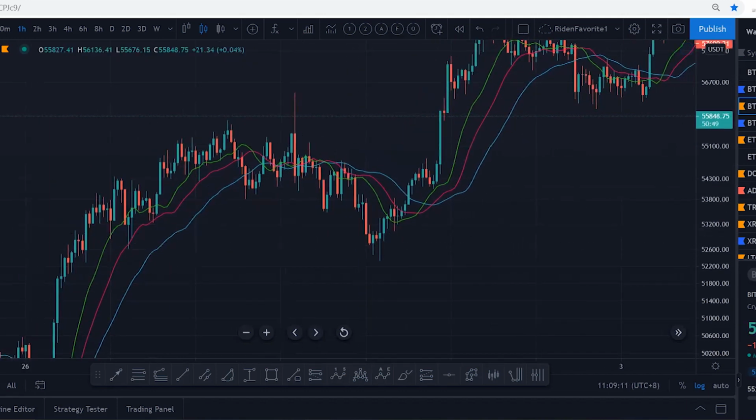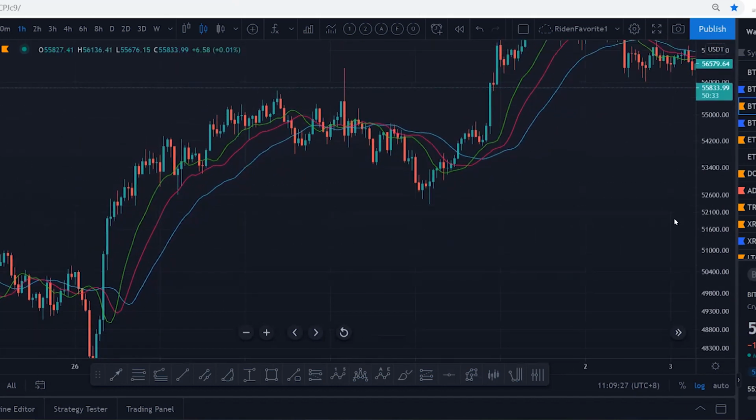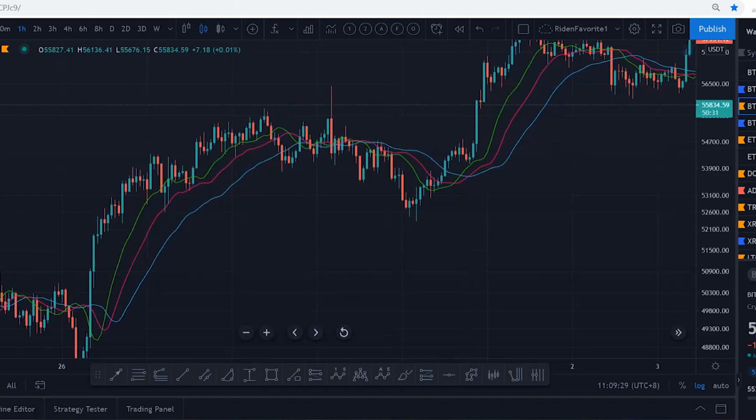You can see a composition of three lines: the green, the red, and the blue. Each is represented by a moving average of the candles, as you remember from my discussion about the moving average. So how can you use this alligator indicator?